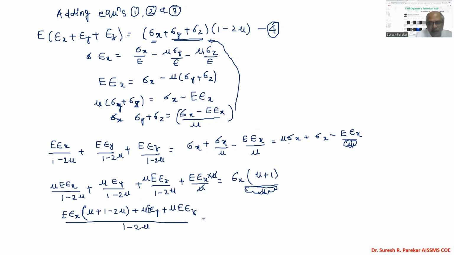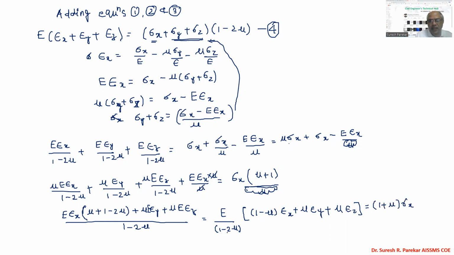And if you solve, I will first solve this. So mu minus 2 mu. If I take E outside, E upon 1 minus 2 mu in bracket, we have in first 1 minus mu epsilon x plus mu epsilon y plus mu epsilon z, and that is equal to 1 plus mu into sigma x.